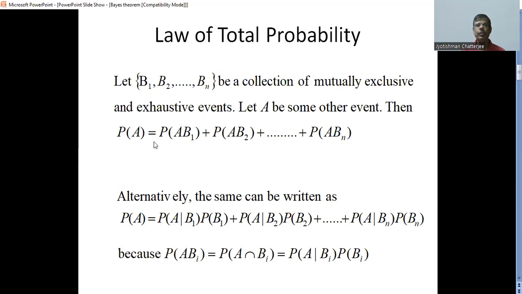Why is it true? Let's see why this statement holds. Let me take the pen. B1 to Bn, they are exhaustive. It's given. That means B1 union B2 union up to Bn is equal to omega because of exhaustive.